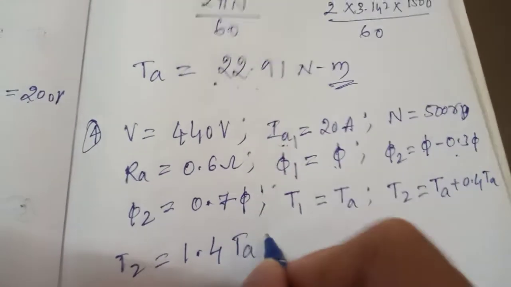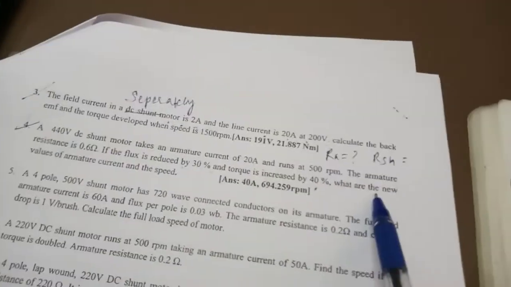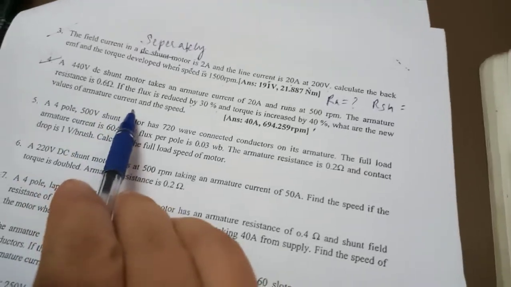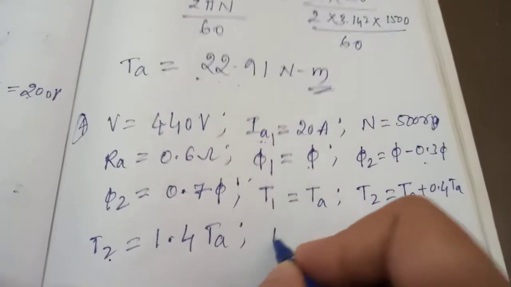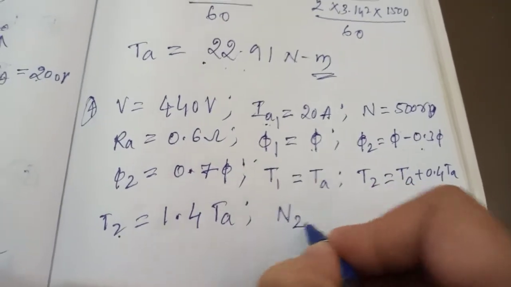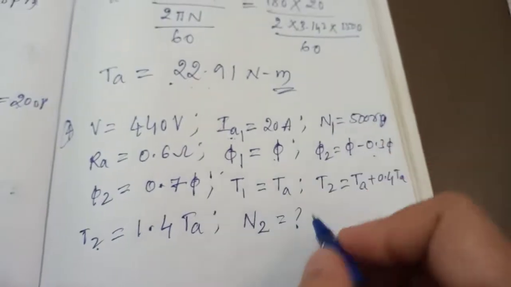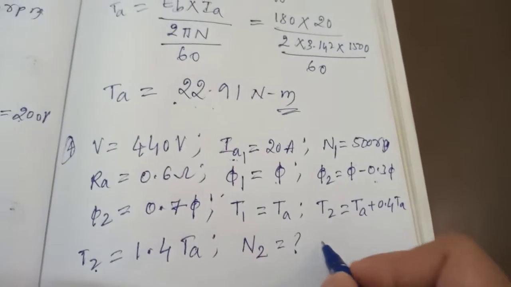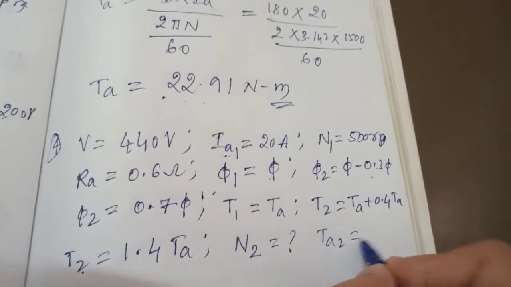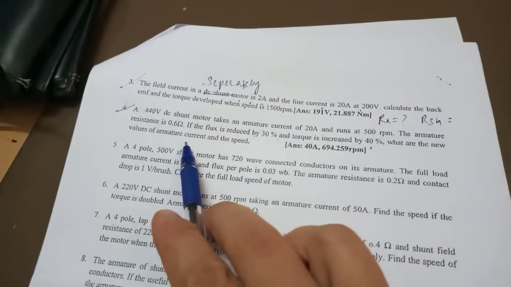What are the new values of armature current and speed? This is N1, N2 is the question mark, and IA2 is the question mark.